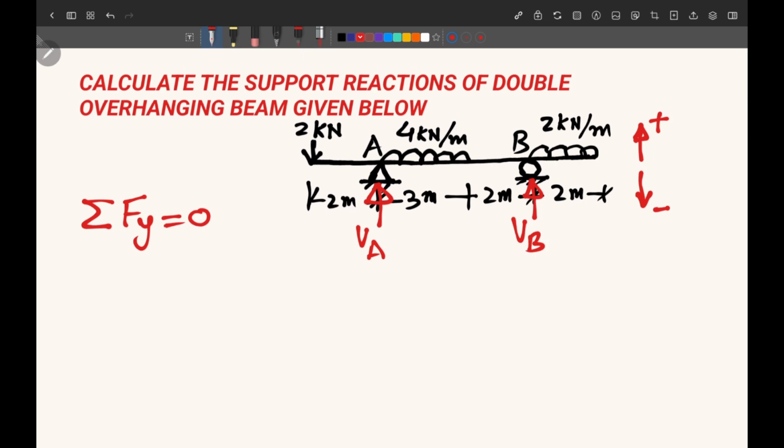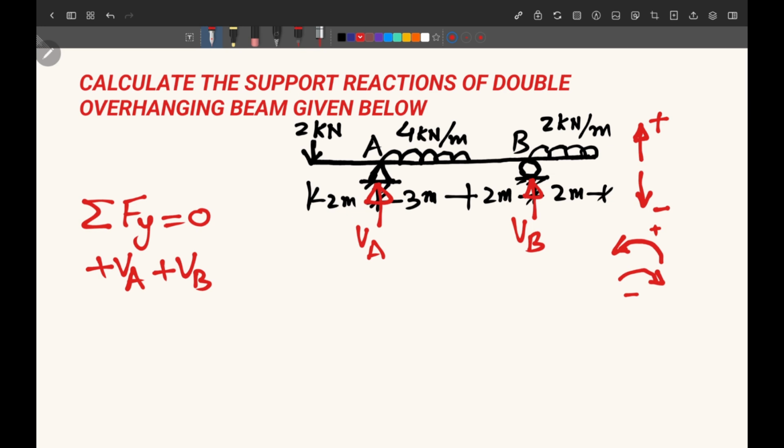Similarly, the moments which are anti-clockwise moments are taken as positive and clockwise moments are taken as negative. These are the sign conventions which we are adopting. So in this case now VA is upward, so plus VA, VB is also upward, plus VB, right?